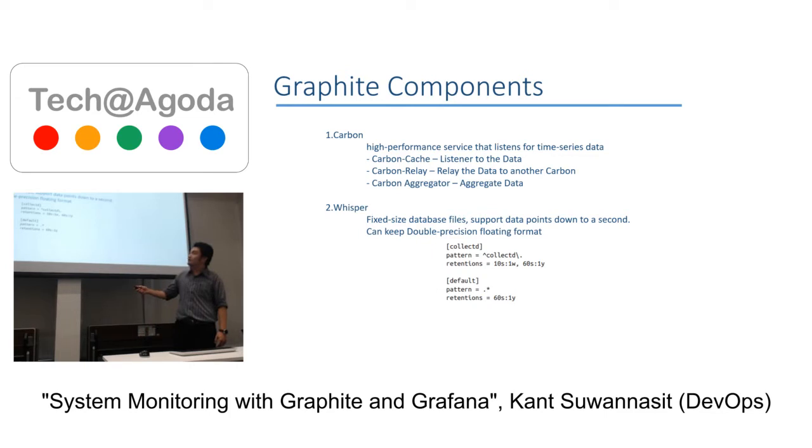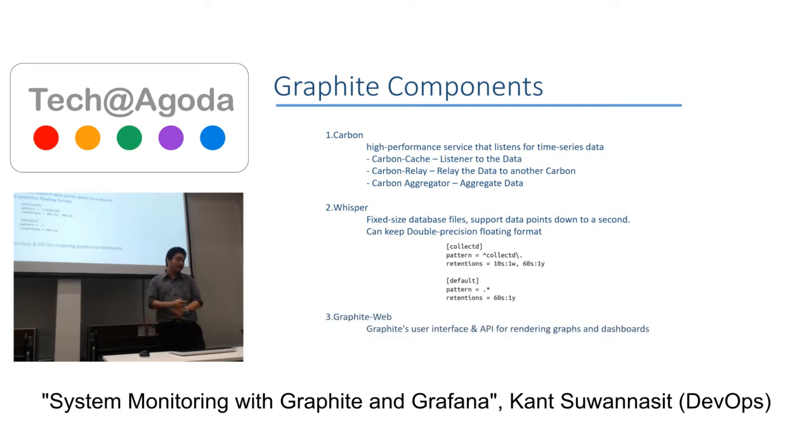And it's fixed at first creation, like if you create it for 1 year's points, it will allocate the data storage for 1 year. And the last is Graphite Web, which will render the graph on the website.